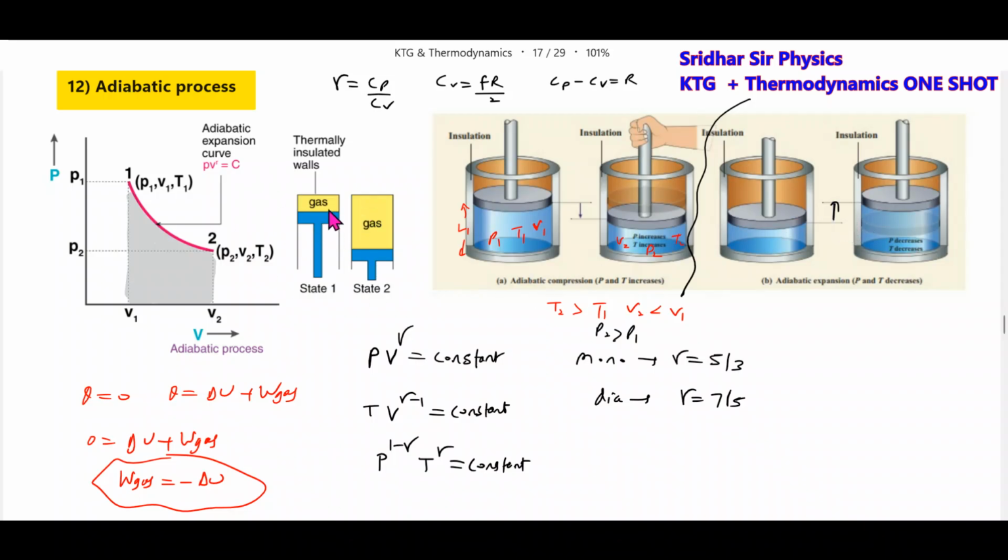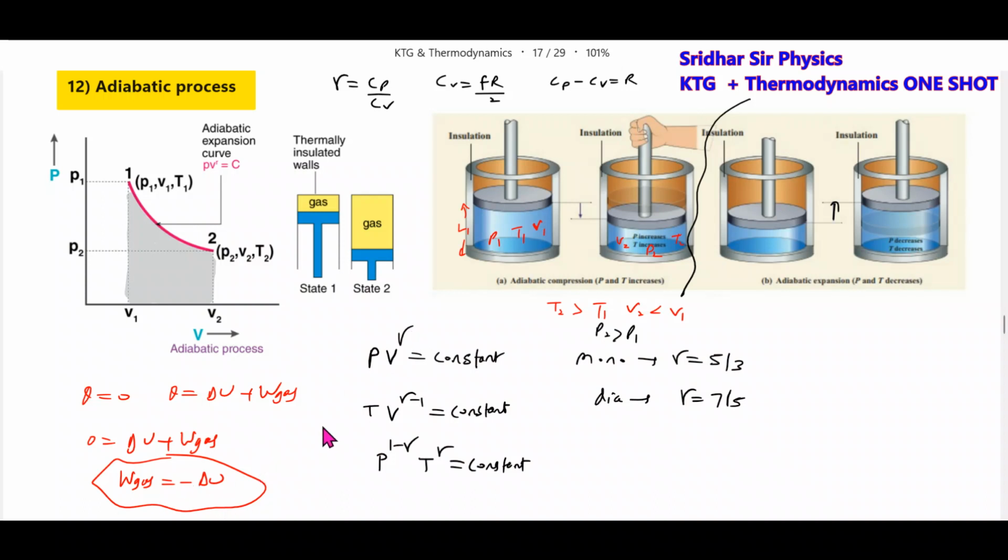So these are the general things. Here it is undergoing expansion, you can see that. The volume will increase, and the curve is not a rectangular hyperbola but is related by this particular basic equation. So this adiabatic process converts mechanical work into internal energy or vice versa.